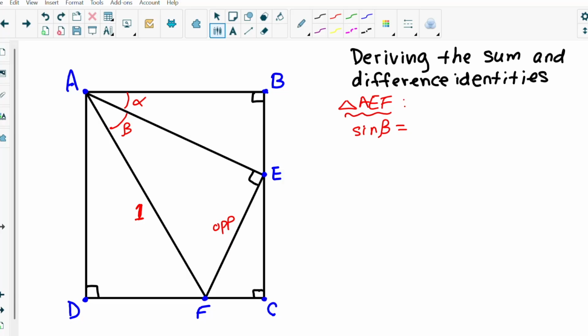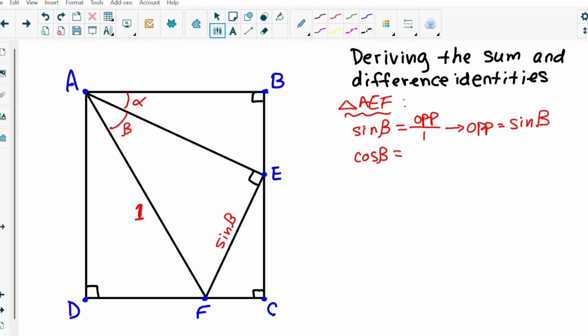So sine of beta equals opposite over hypotenuse, which is just 1, and that means that the opposite side is equal to sine of beta. Making that hypotenuse 1 greatly simplifies our derivation. So I will call this sine of beta.